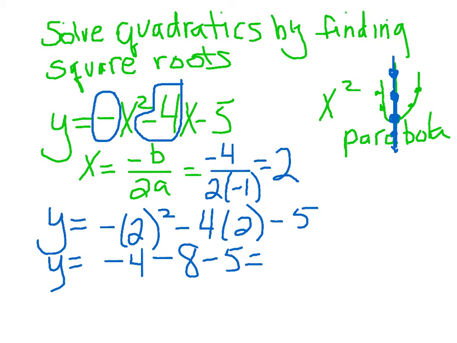Gosh, and I've already made a mistake. Did you catch that mistake? When I said negative b, what was b? B was negative 4. So I need another negative over here. What would that make it be?